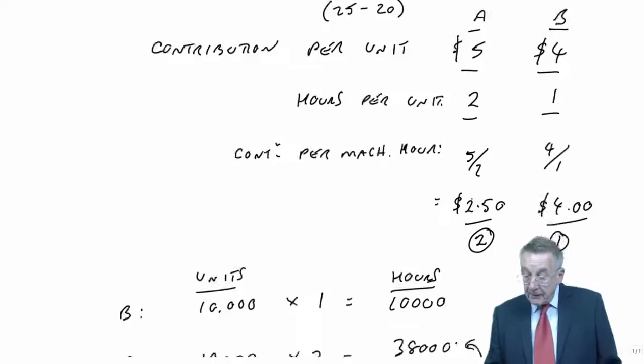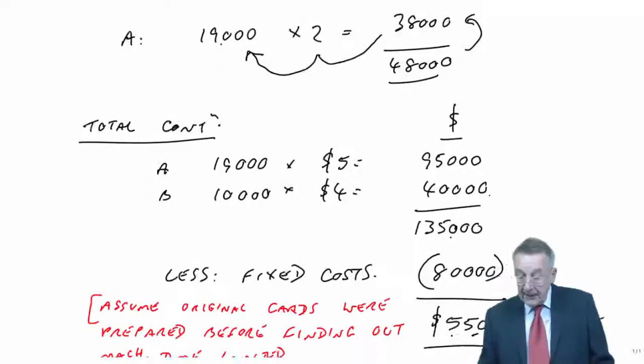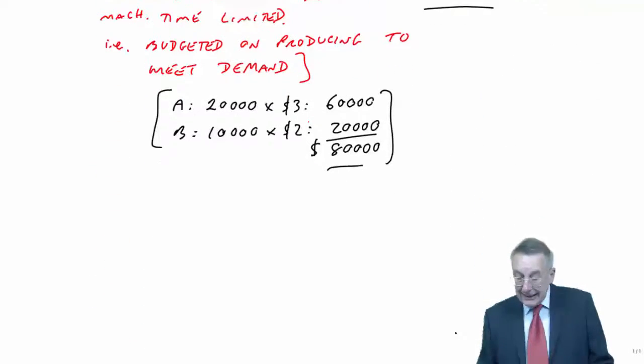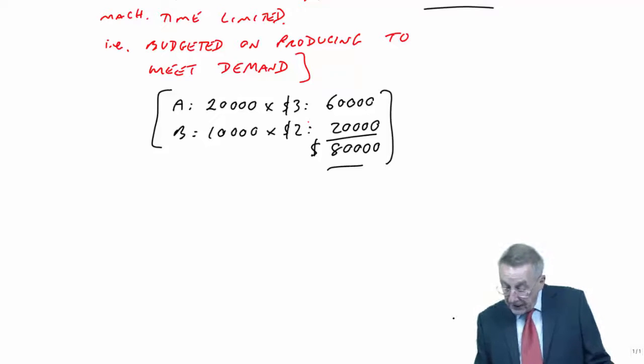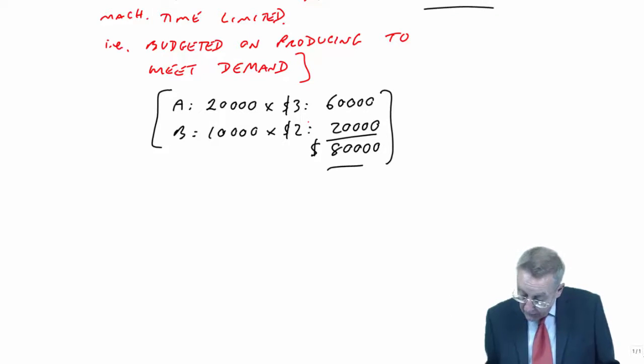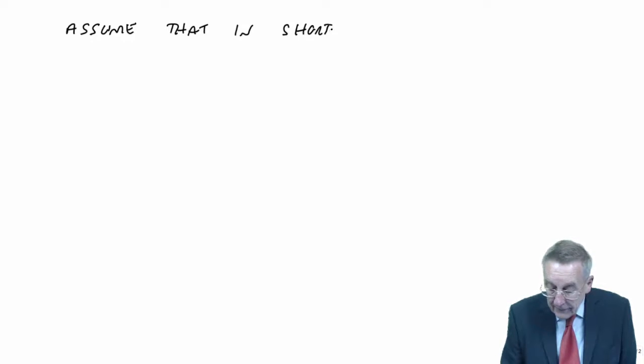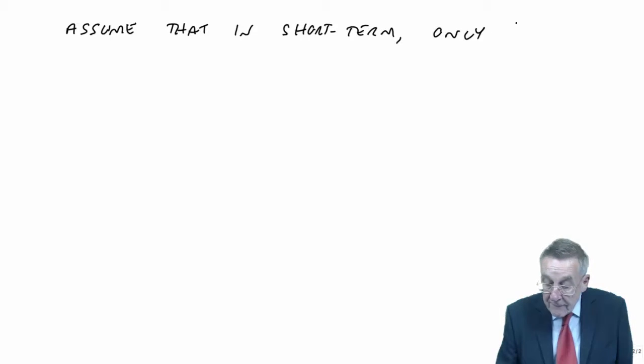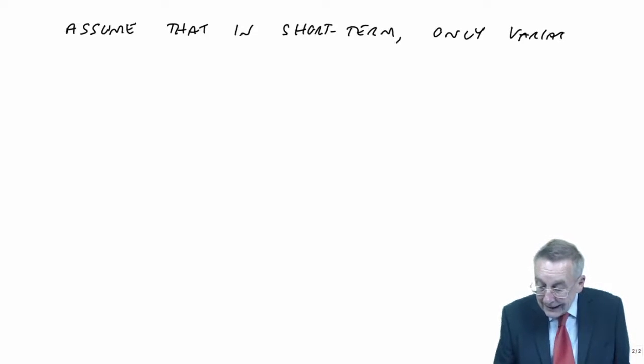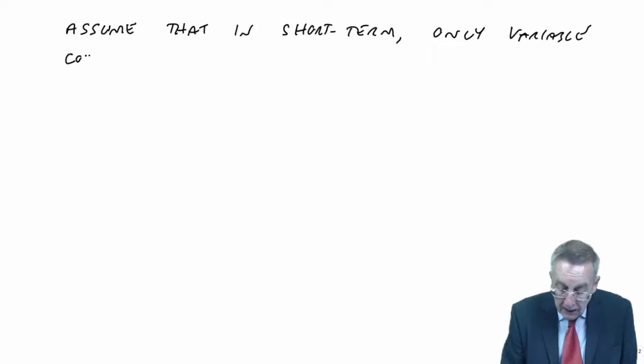And that is the one big assumption that throughput accounting makes. With throughput accounting, we assume that in the short term, the only variable cost is materials.